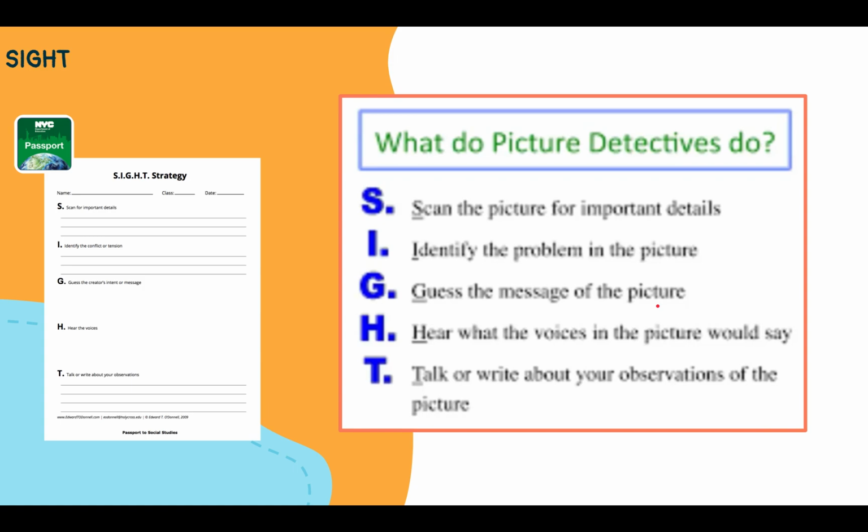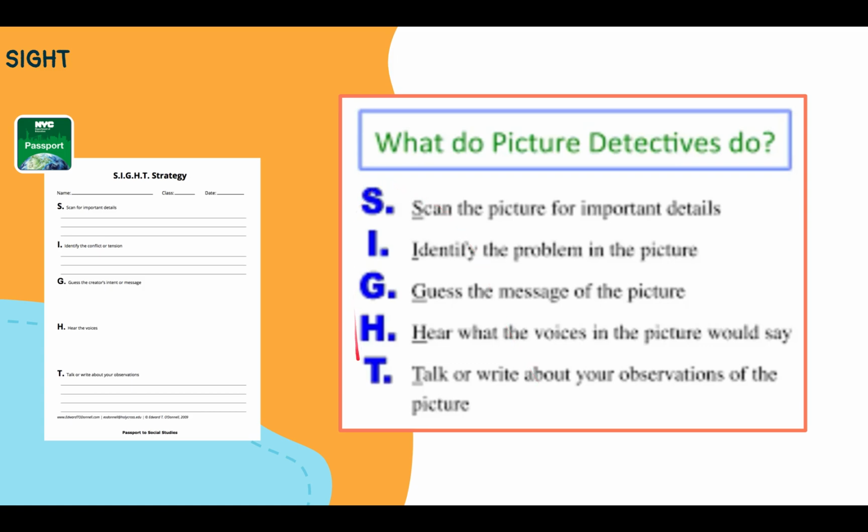Why was this picture created? Why was it taken? Then we want to hear the voices in the picture. If we could hear the people in the image, what would they say? And finally, we want to be able to talk or write about our observations of the image.